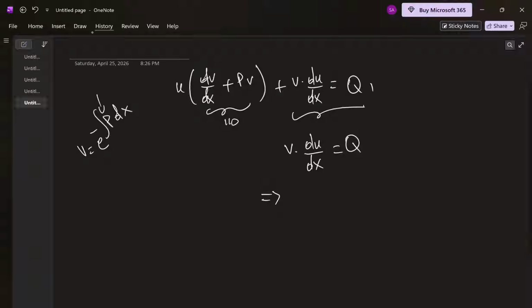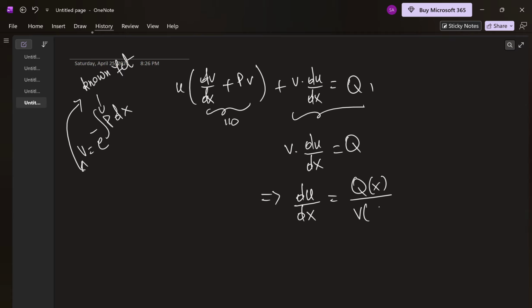Since v is a known function, now we calculate u. So this leads to du over dx is equal to the function q of x over the function v of x. Remember that v is never equal to 0 because it is an exponential of something.